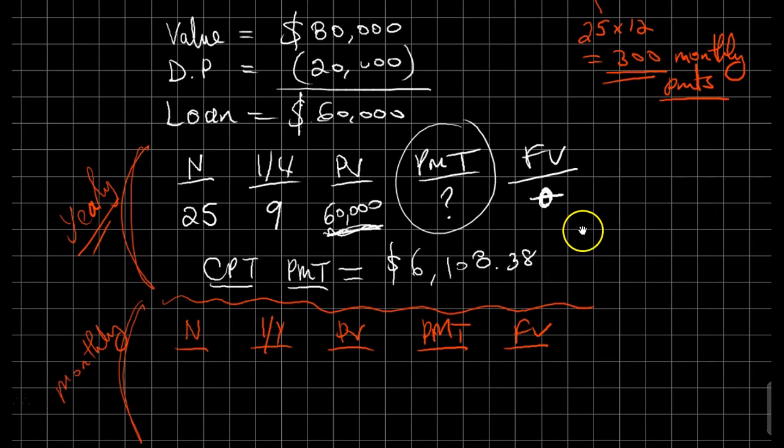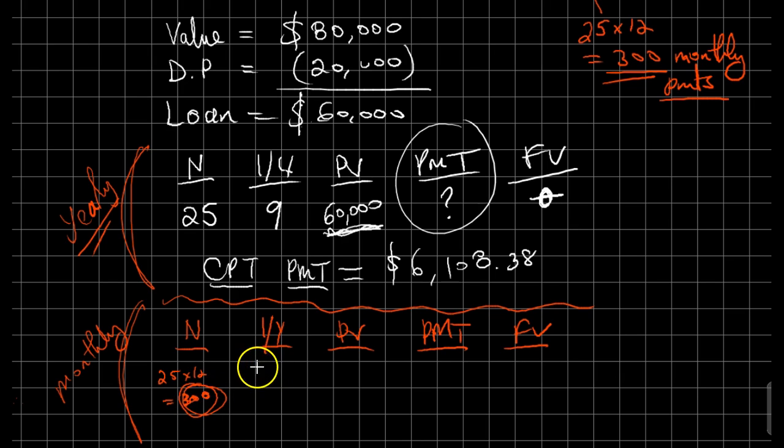So now going back to our solution in this situation, we have 25 times 12. So let me rewrite it. 25 times 12, 300 monthly payments, so that's the number we input for terms, 300.